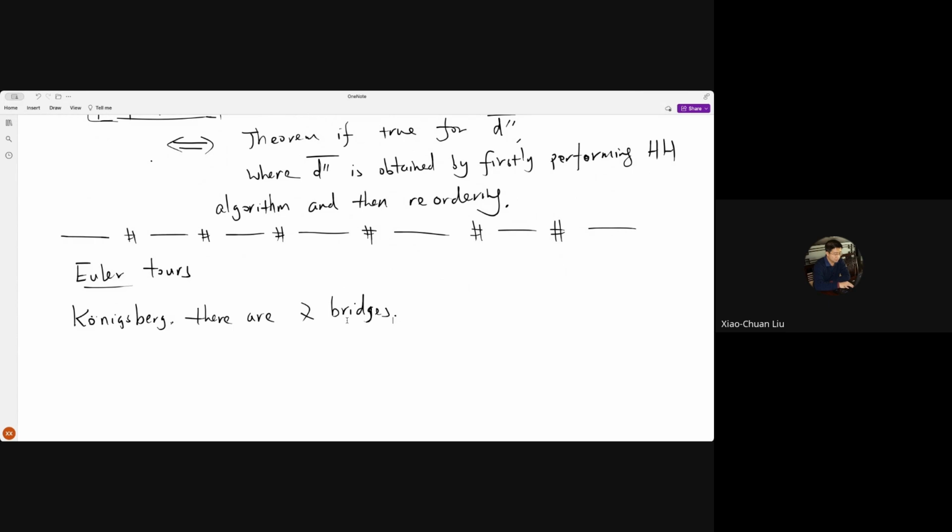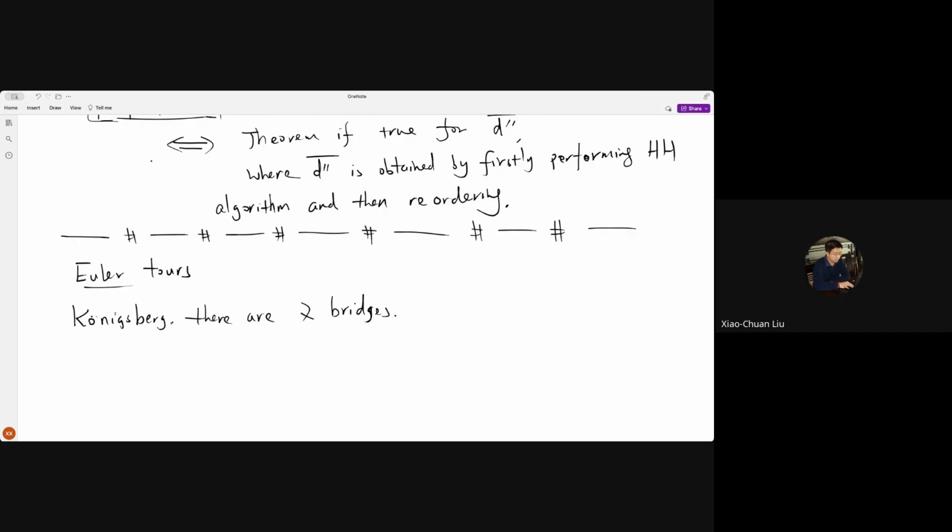And no one can do it. I think it was a fun entertainment for local people, but nobody tried to abstract this into a mathematical problem until Euler realized you can translate this into a graph theory problem and solve it.